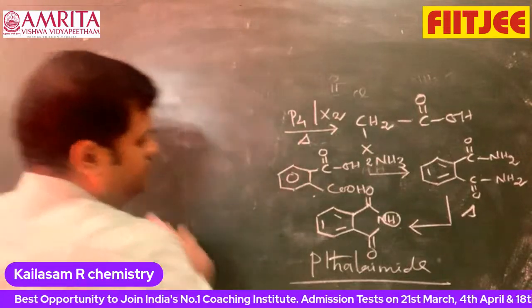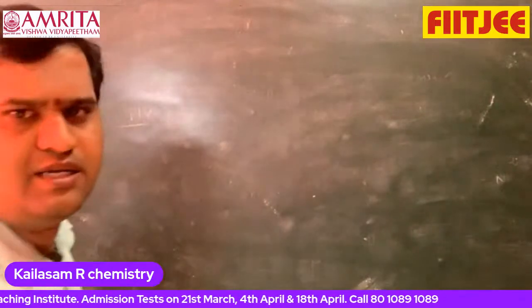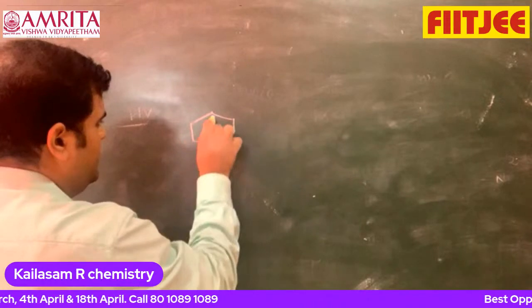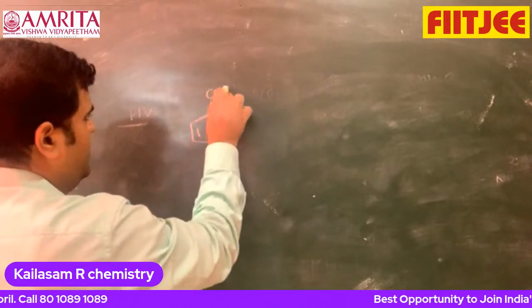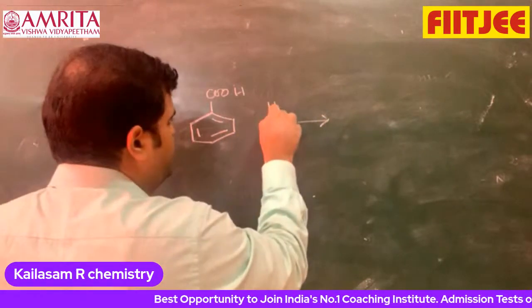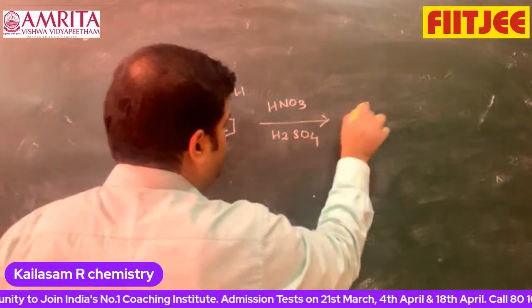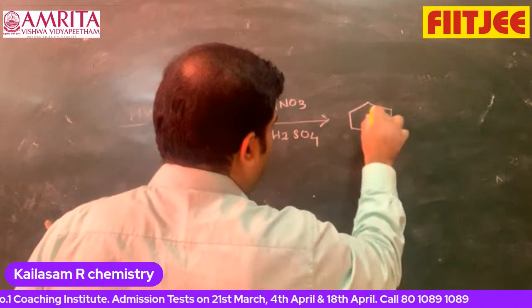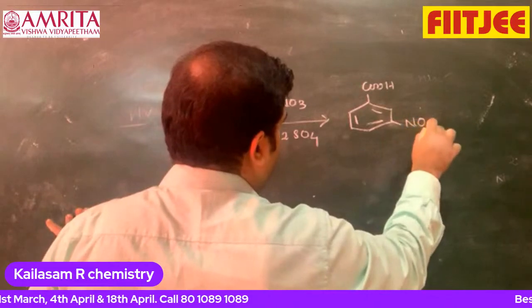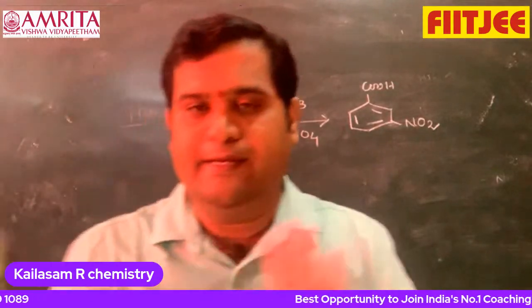Now I am going with benzoic acid, using HNO3 and H2SO4, so minus R, I'm getting COOH and NO2 at meta. That's all. This is carboxylic acid.